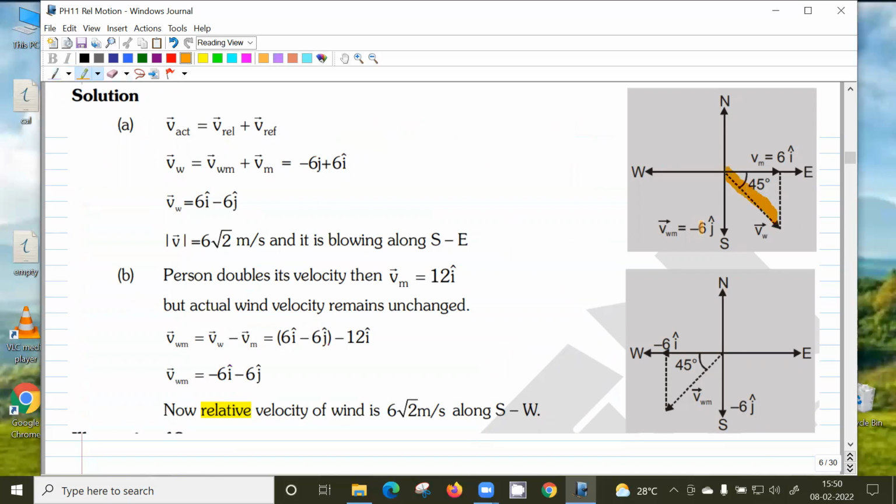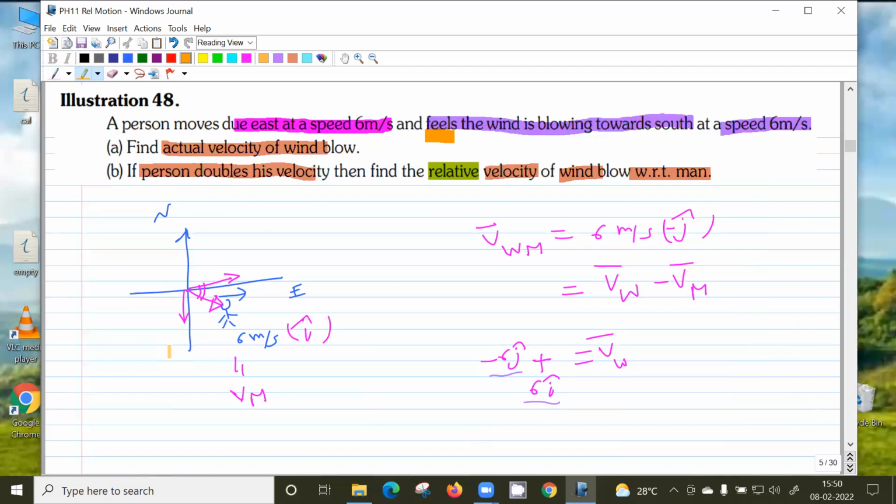Now we're saying if the person doubles his velocity, instead of 6 you have to put 12. In the second case, VM is 12 i cap. Then find the relative velocity of wind with respect to man.